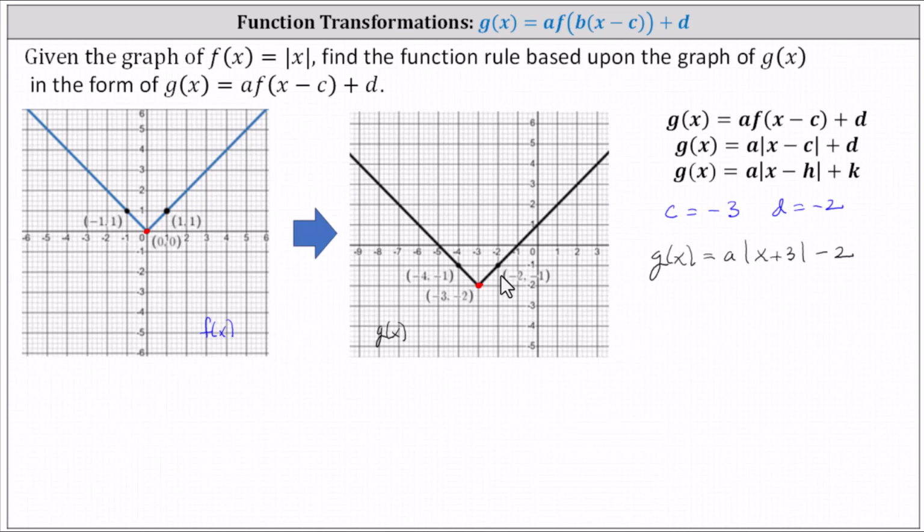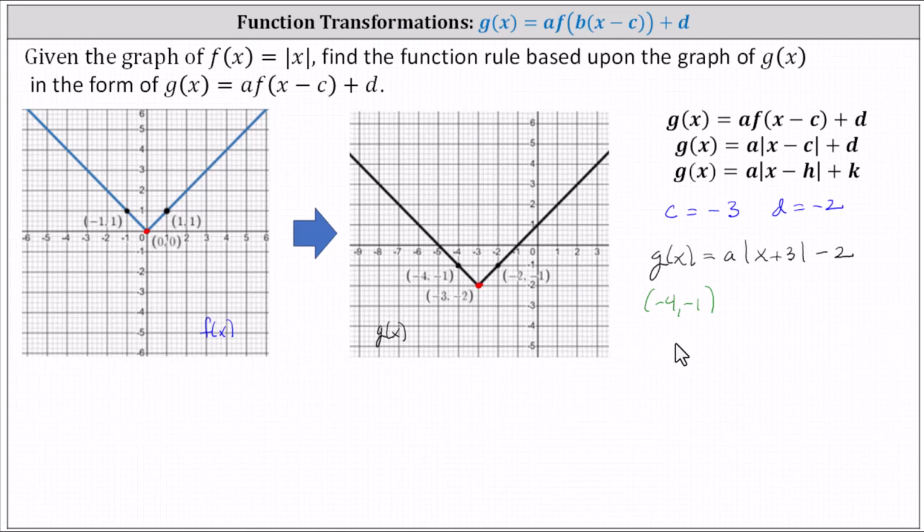Let's go ahead and select the point -4, -1, this point here on g of x. So if we select the point -4, -1, we would substitute -1 for g of x and -4 for x.